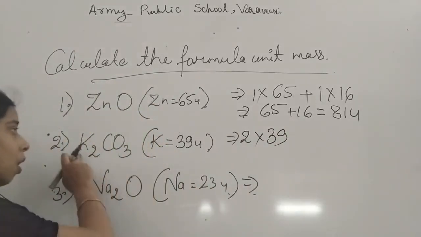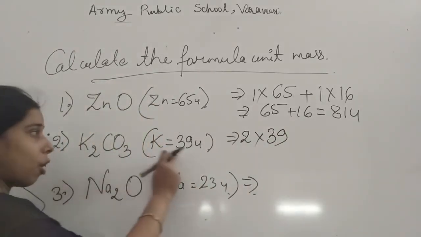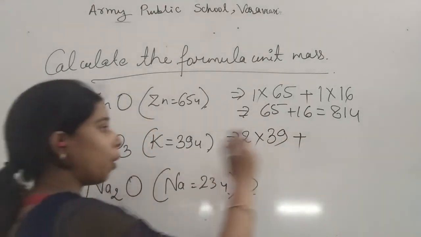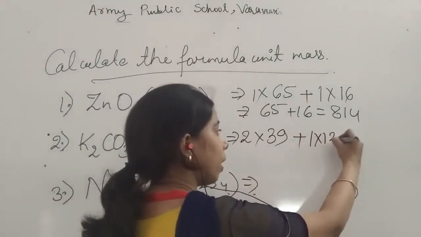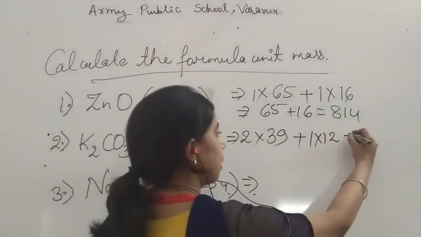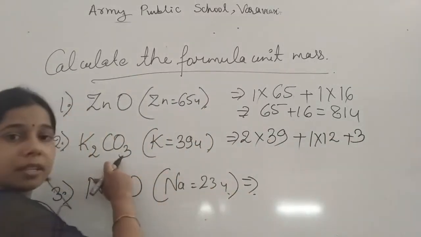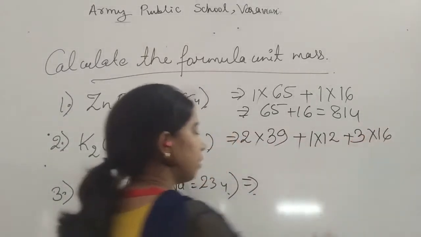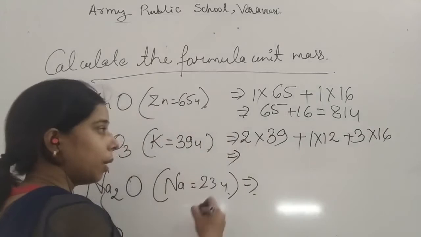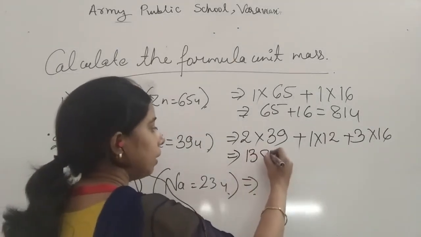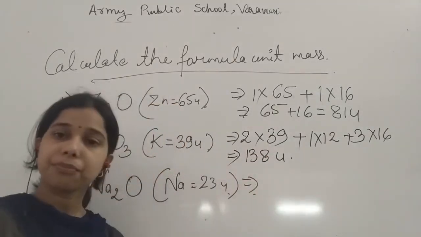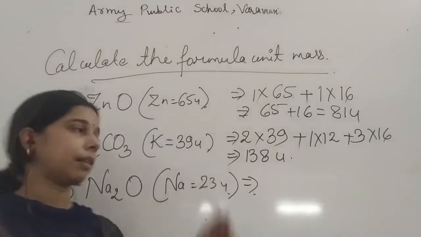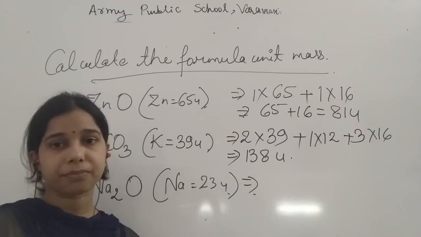So 2 atoms of potassium with atomic mass 39, plus carbon, 1 carbon, so 1 into 12, that is the atomic mass, plus 3 oxygen, and the atomic mass of oxygen is 16. So it will be equal to 138 u. Okay, so the mass of K2CO3 is 138.